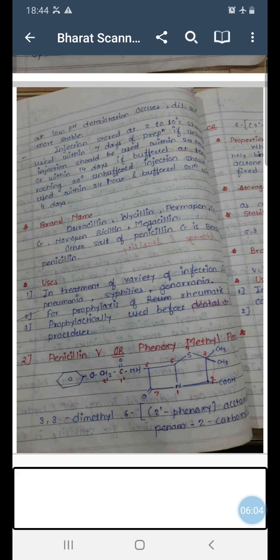Now on the methyl group of acetamido you have an oxy and a phenyl ring. So collectively we can write both as phenoxy. Okay, so 3,3-dimethyl, comma, 6 hyphen, a square bracket we have to make. Now acetamido is my primary substituent.